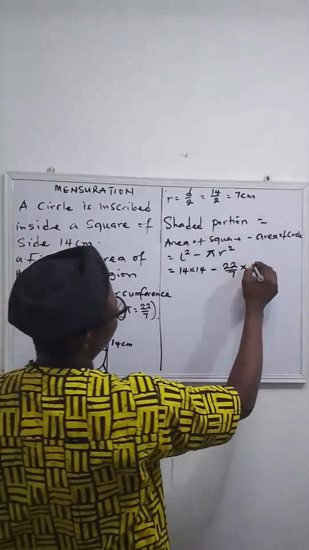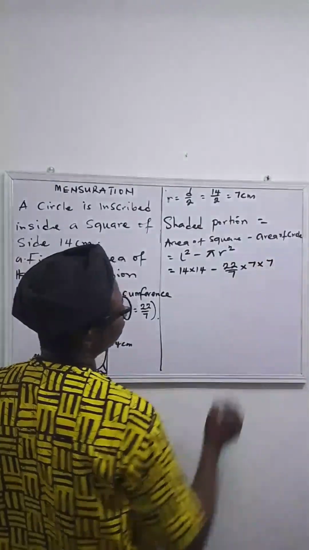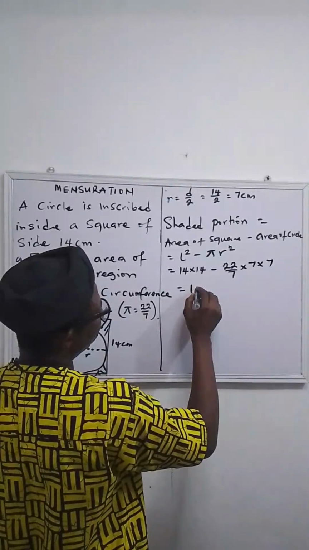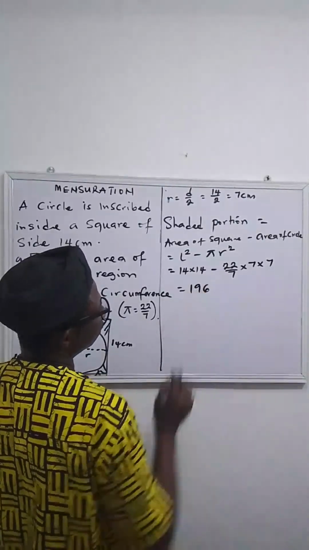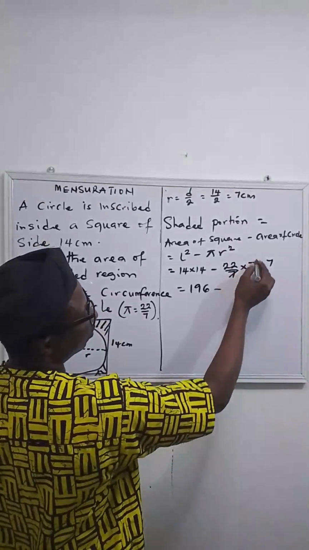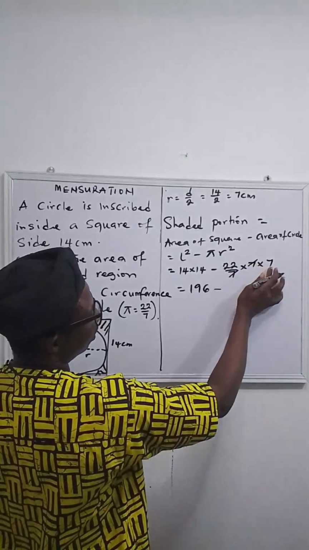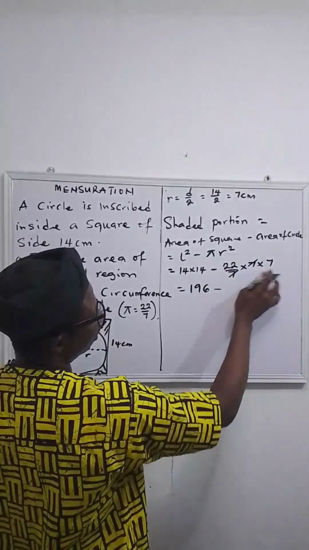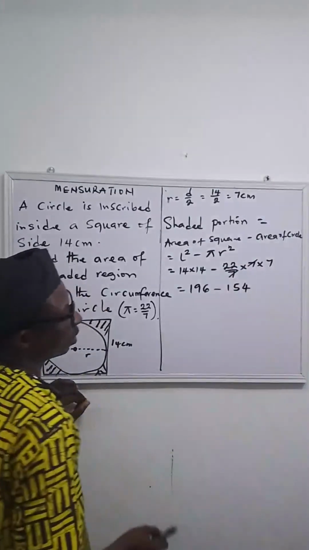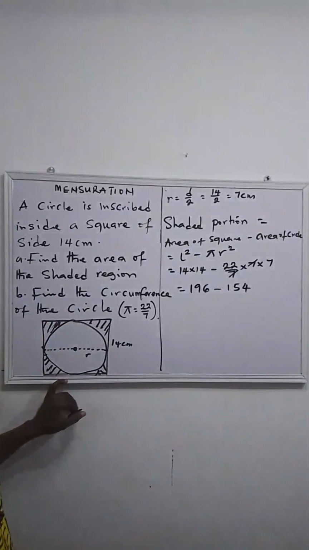R is 7, so we have 7 times 7. Okay, so this one gives you what? 196, right? Okay, minus. Can we simplify this? This we cancel this. So 7 times 22, 7 times, that's 4. All right, so that is what we have.